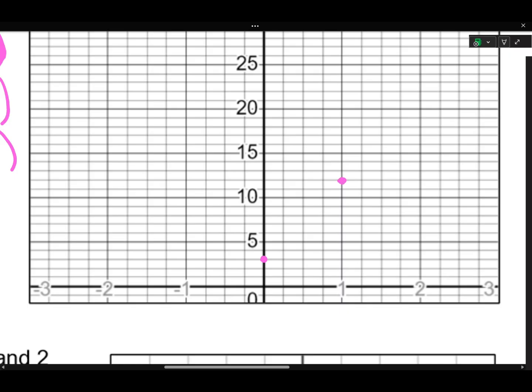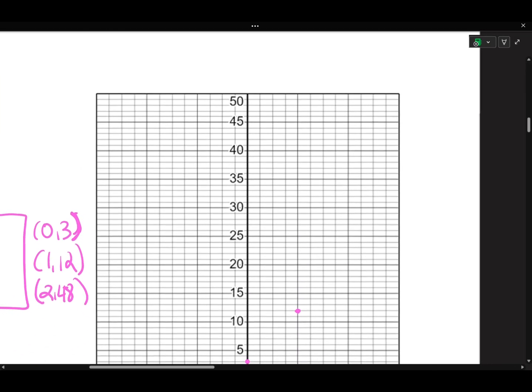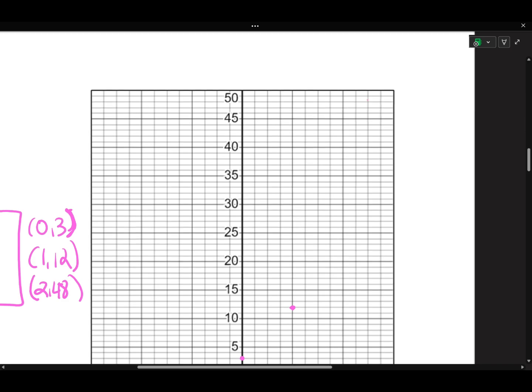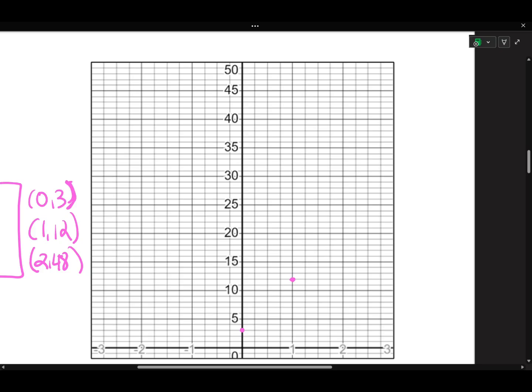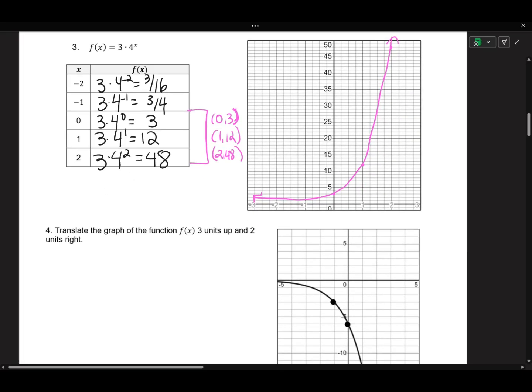And 2, 48. These are graphs. If you need help graphing, you gotta let me know today. Otherwise, you will not be able to graph during the test.